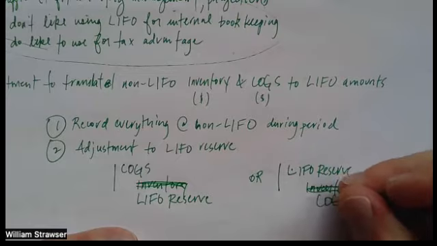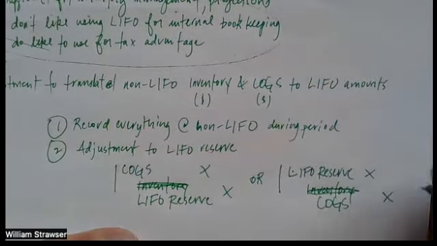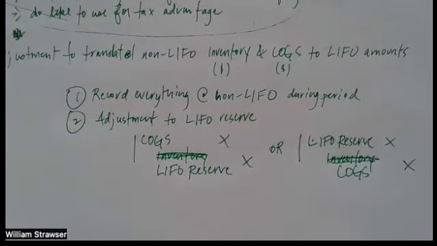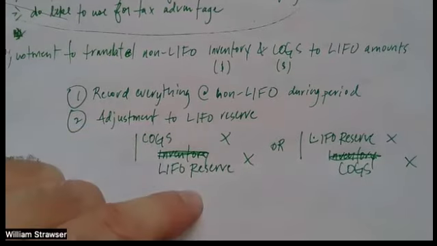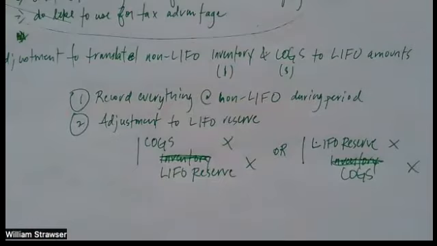Sorry, can't get these two accounts straight. Right. LIFO reserve, cost of goods sold. Those are the two accounts. You either debit COGS, credit LIFO reserve, or debit LIFO reserve and credit COGS.